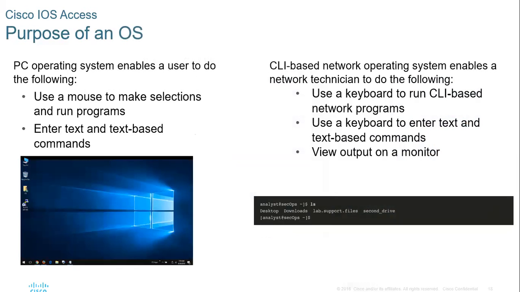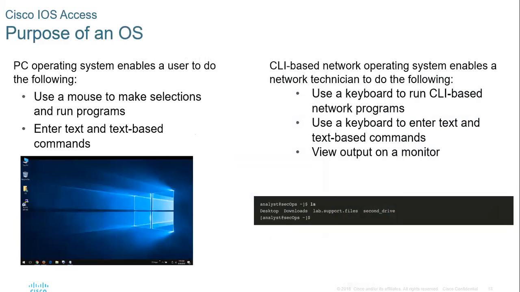Purpose of an operating system. A personal computer operating system enables a user to do the following tasks: use a mouse to make selections and run programs, enter text and text-based commands.